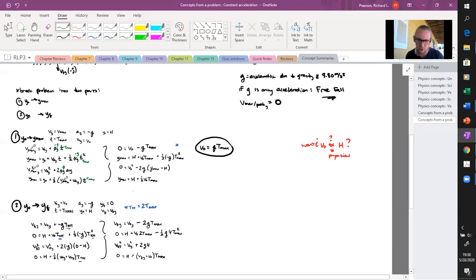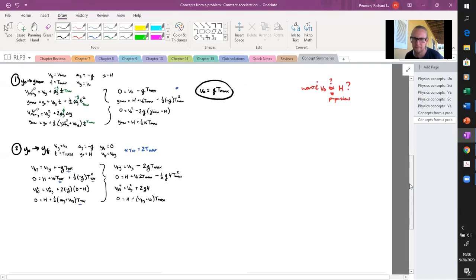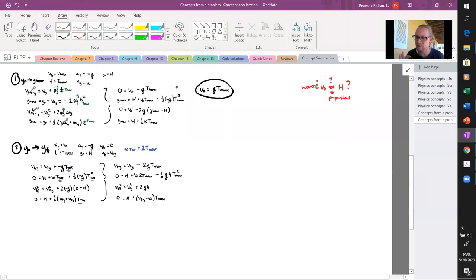Okay, so sorry, I'm trying to get my cursor down here. It's not pulling me down at all. There we go. All right, so again, we want our initial velocity in terms of h. Okay, so there are some extraneous things that we have in here, particularly this final velocity. We don't really know about it, and at this point, it doesn't seem like we can use it at all.